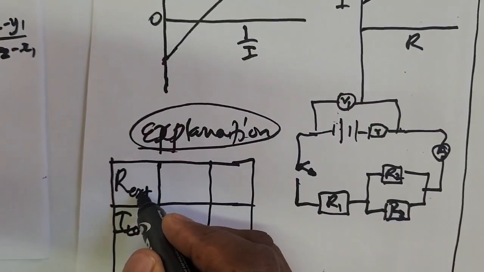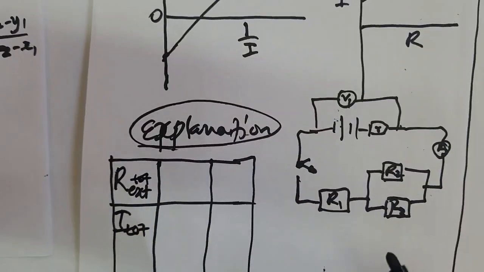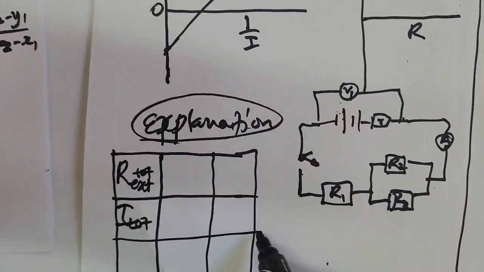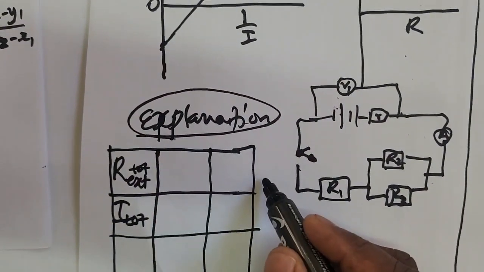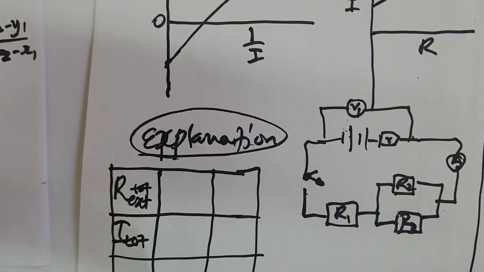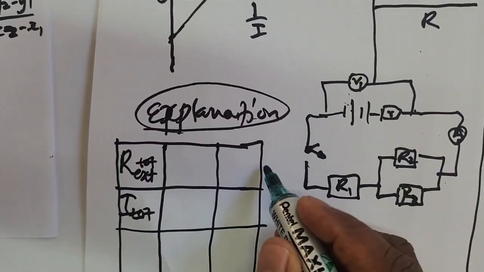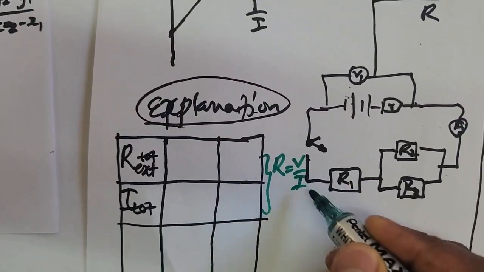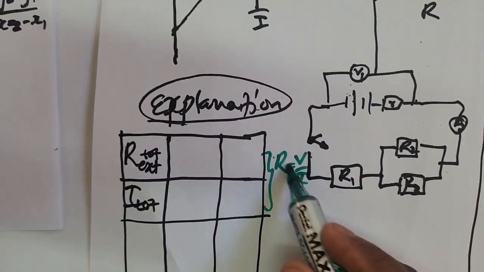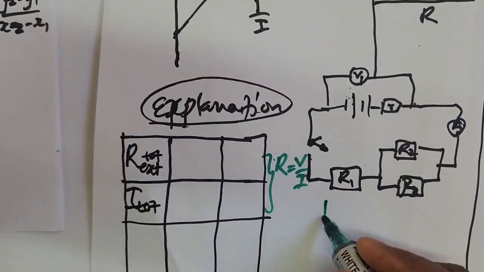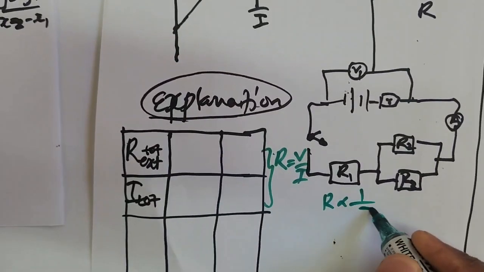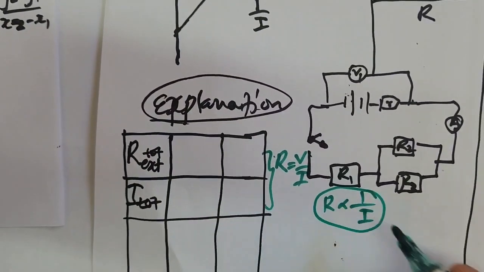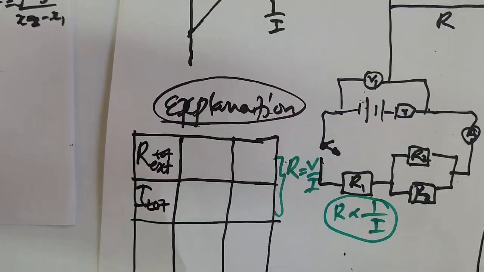You can write R external or R total, that is fine. This too is according to Ohm's law: R equals V over I. Remember the relationship between R and I. So R is inversely proportional to I. This is the most important relationship in this case.